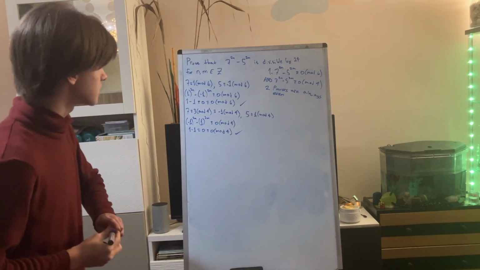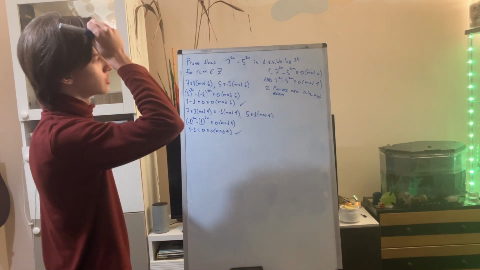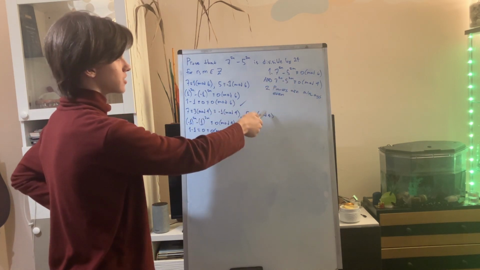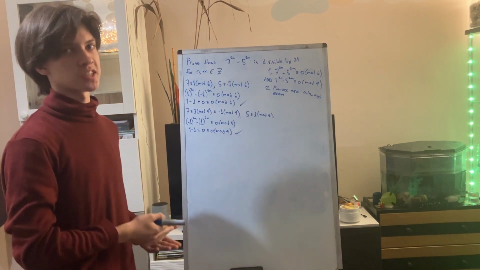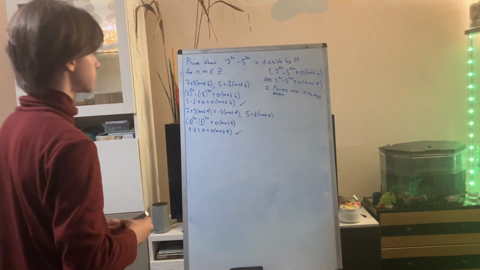And we are basically done by saying that 7 to the 2n minus 5 to the 2m is congruent to 0 mod 6 and to 0 mod 4, meaning it's divisible by 6 and by 4. It has to be divisible by 24.